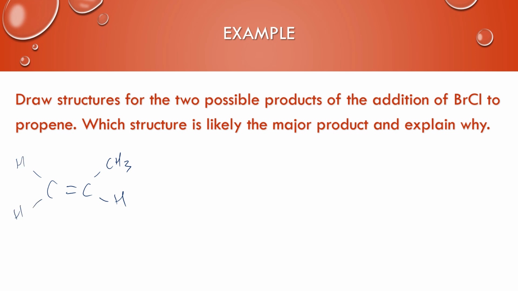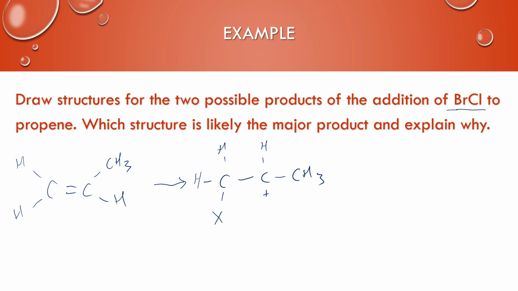So when this forms a carbocation, we talked about Markovnikov's rule, where the central carbon is most likely to have that positive charge. So whichever halogen adds first is going to add on that end position. And then the other will come in second.